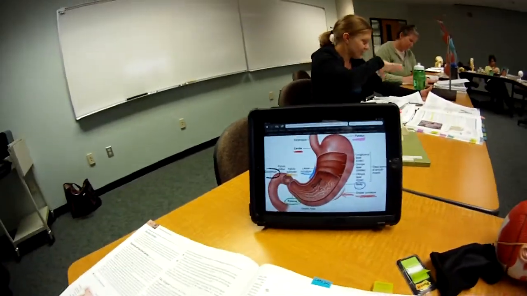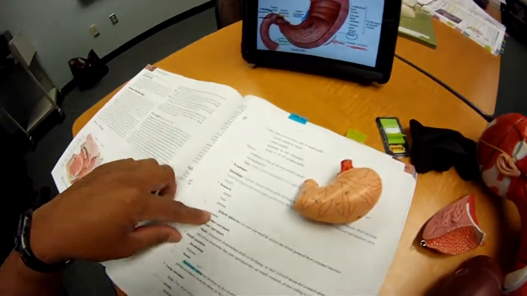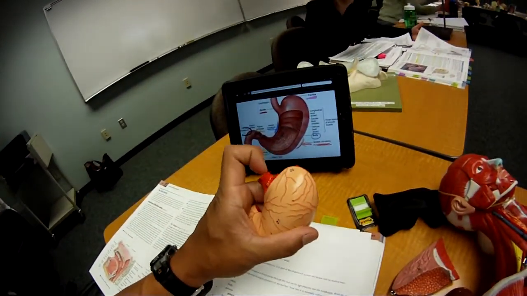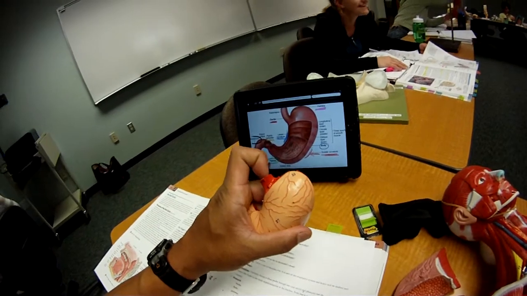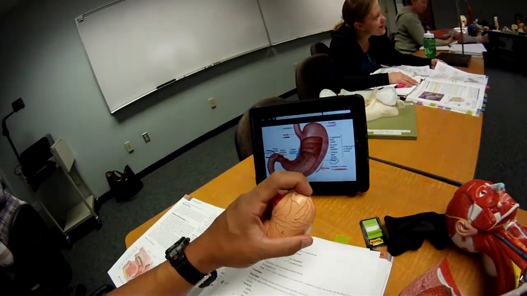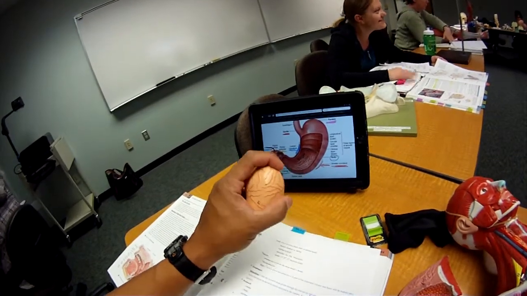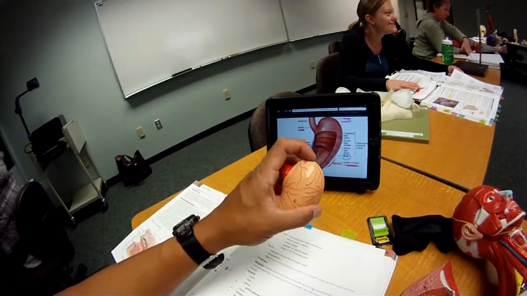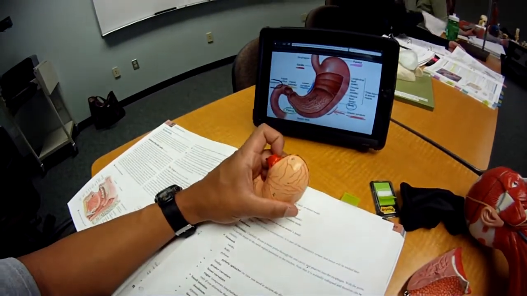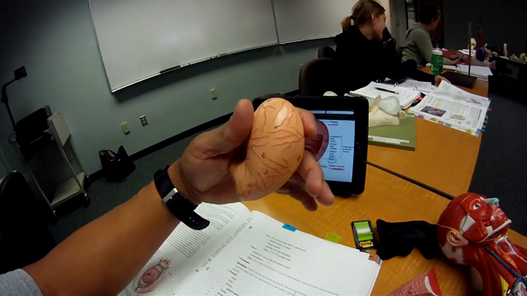So now, tie that in with the nerve plexus. So the fundus. The fundus is right here near the esophagus, the cardia, and this curvature, which is the greater curvature. But here's the fundus. The greater curvature is right here.